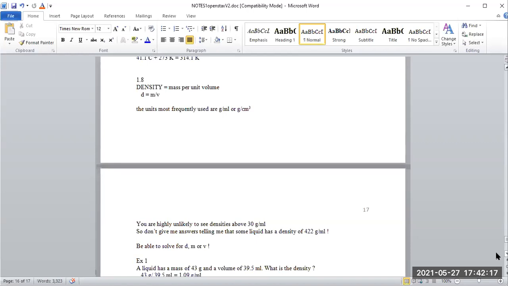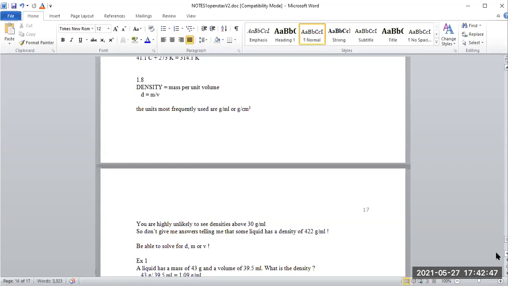You can deal with pounds per square inch. You can deal with kilograms per square meter. We tend to, in the chemistry world, predominantly deal with either grams per milliliter or grams per cubic centimeter, harking back to that idea that a milliliter and a cubic centimeter are actually the same amount of space.